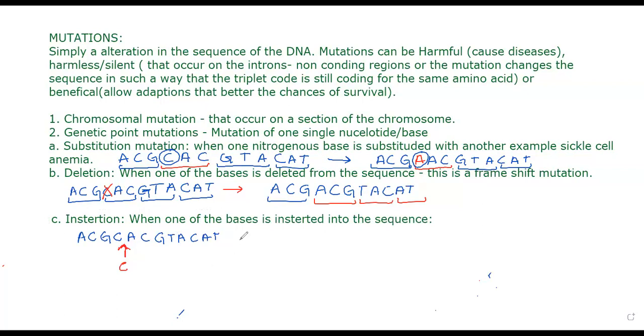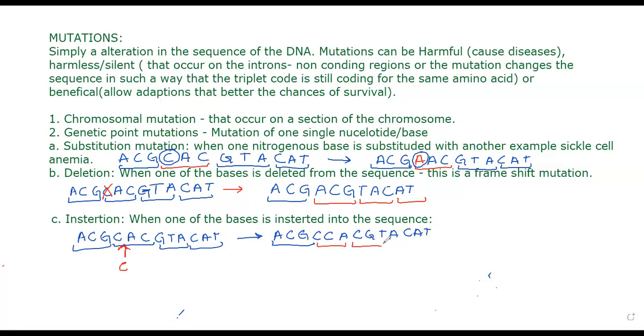It will change and it will become A, C, G, C, C, A, C, G, T, A, C, A, T. Again, the first triplet code is the same. But the next triplet code was supposed to be CAC. It's become CCA.